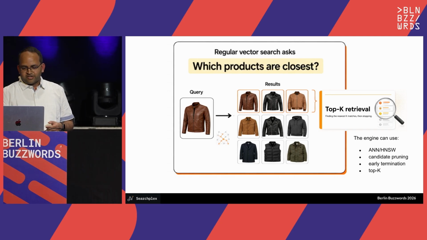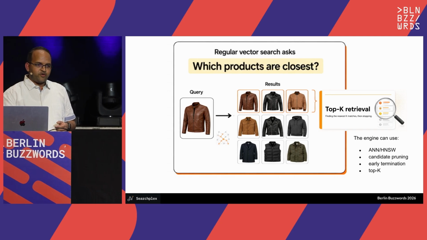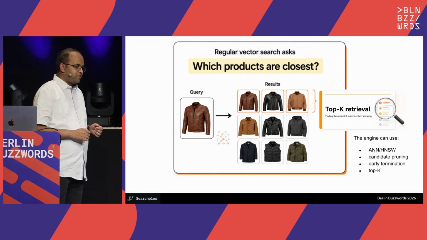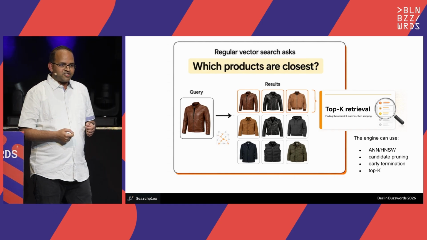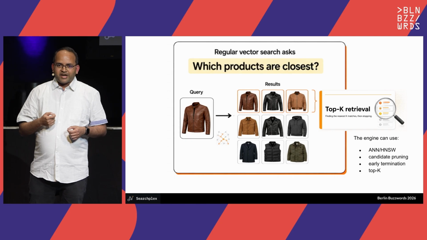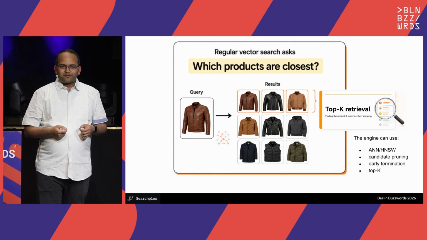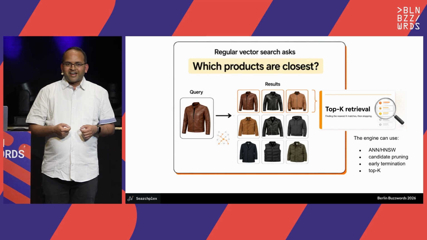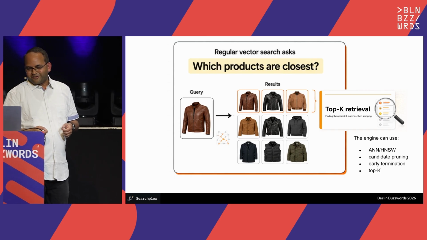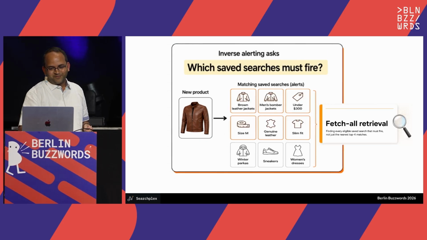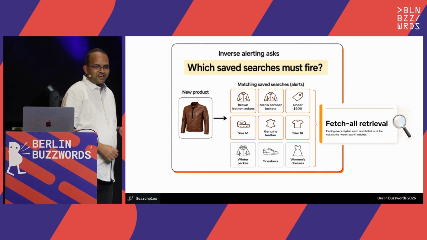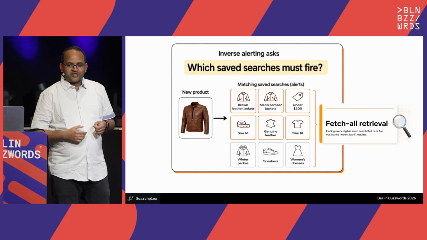But we talked about the alerts use case, where every user has set up an alert with an intention to be notified whenever a match arrives. So think of all the users who do not make it to the top K. And that's not a good thing for them, right? So that's why I call that use case fetch all retrieval.